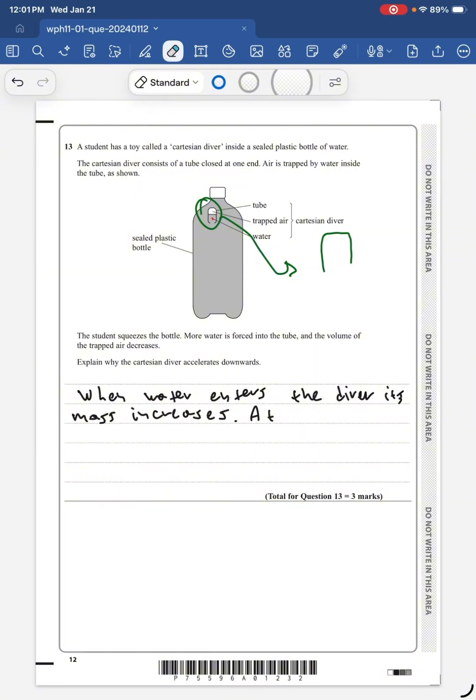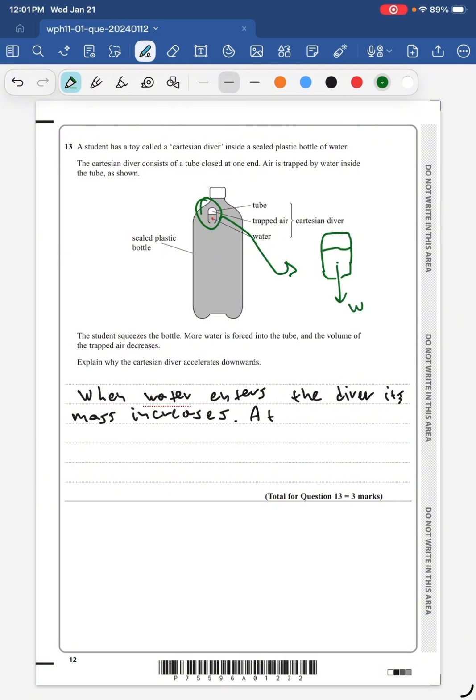I transfer the drawing here, I guess. So this is what I'm trying to do, okay? This is what it looks like, and there is some water. So how many forces are there on this thing? It's its weight due to the water trapped, and then the upthrust due to the trapped air, right?